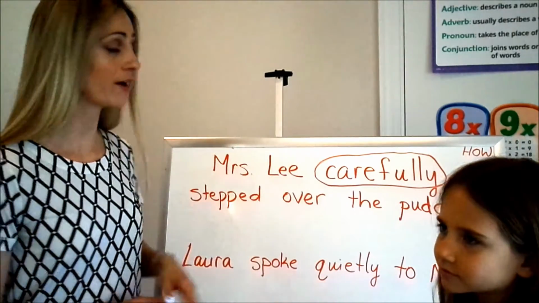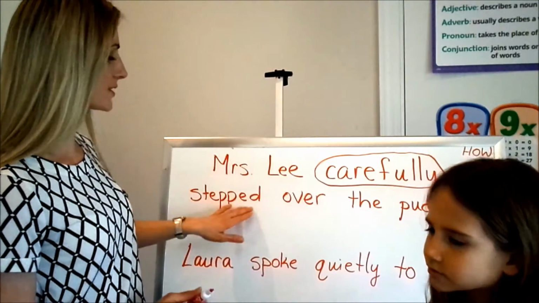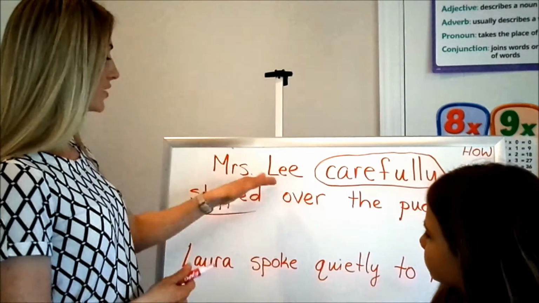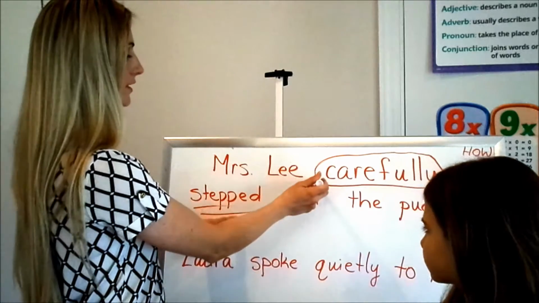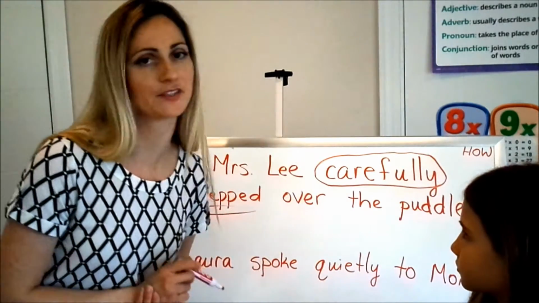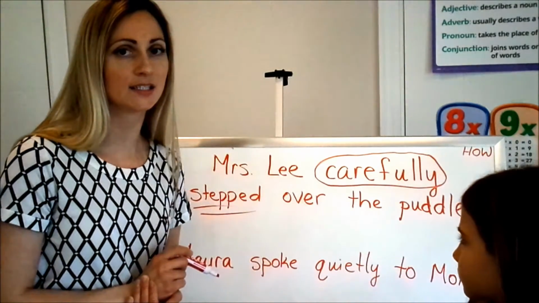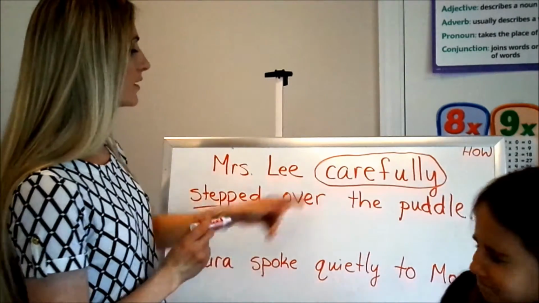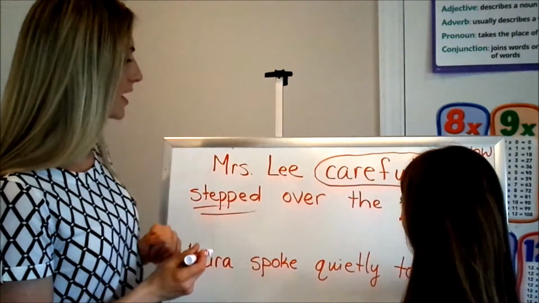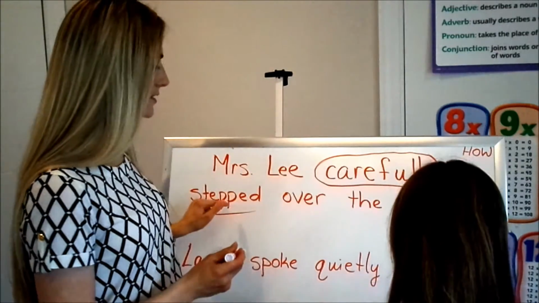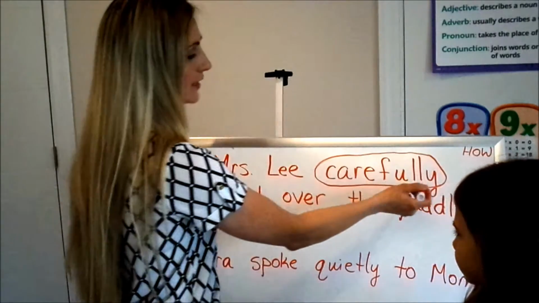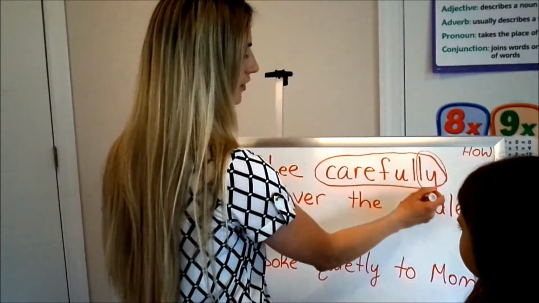If you were going to diagram it, you would say that Mrs. Lee is your subject, and stepped, that's your verb. And carefully doesn't describe Mrs. Lee. Is Mrs. Lee a carefully person? No. Carefully describes stepped. Mrs. Lee stepped carefully. Do you see how that works? Now pay attention to this ending right here.